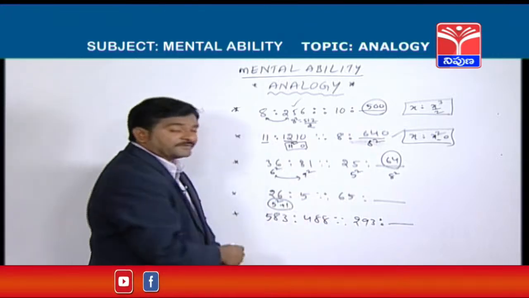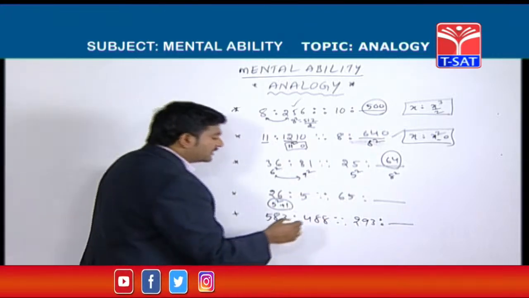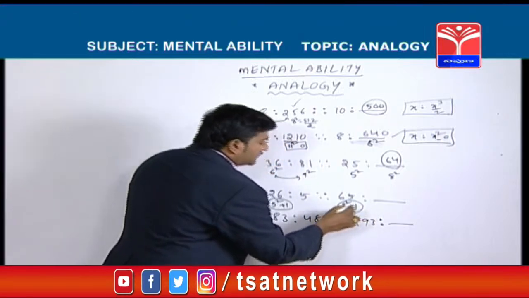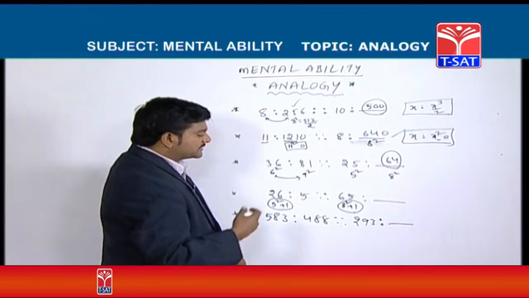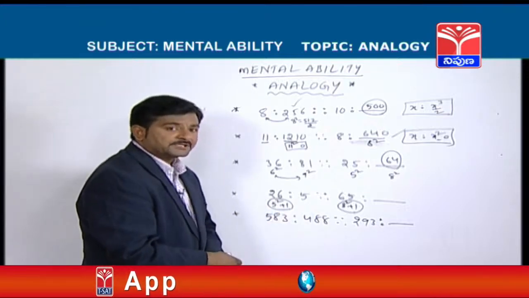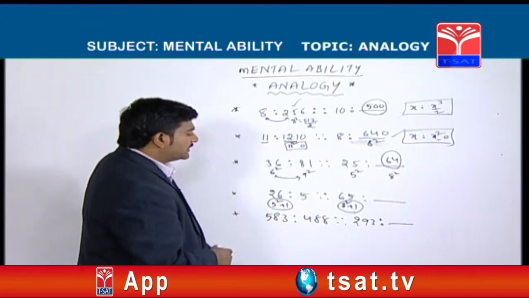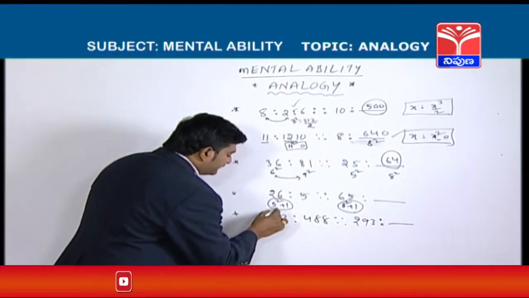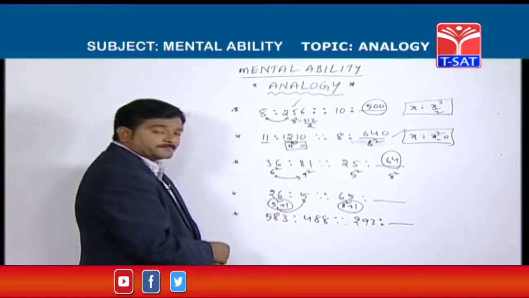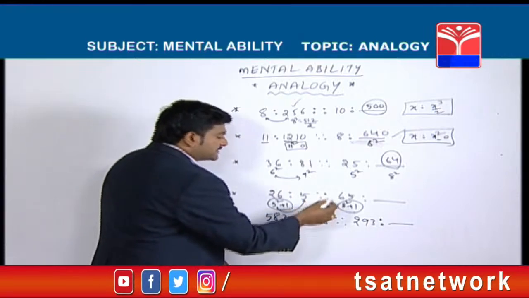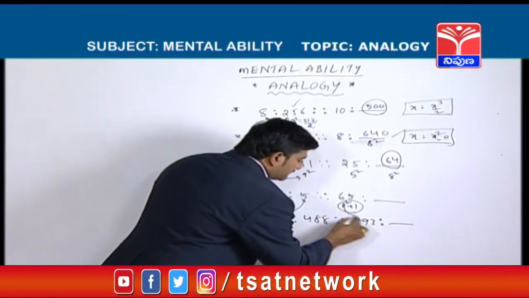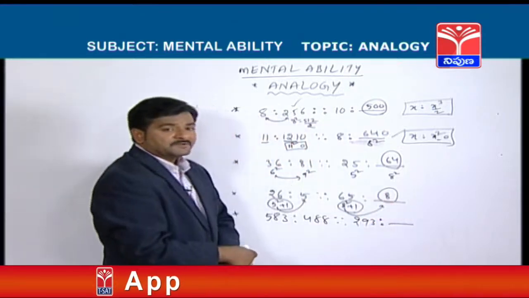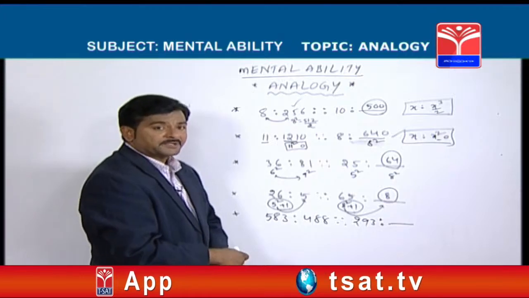Similarly 65 is there. 65 we can write as 8 square plus 1. 8 square means 64, 64 plus 1 means 65. So here 26 means 5 square plus 1, see this 5. Similarly 65 is 8 square plus 1, so we need to write this 8 in the given blank. Hence the answer for the given question is 8.